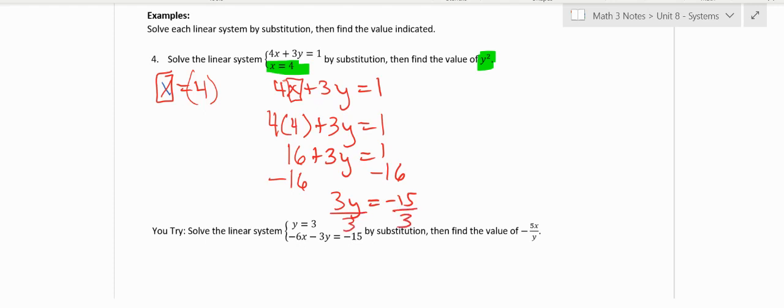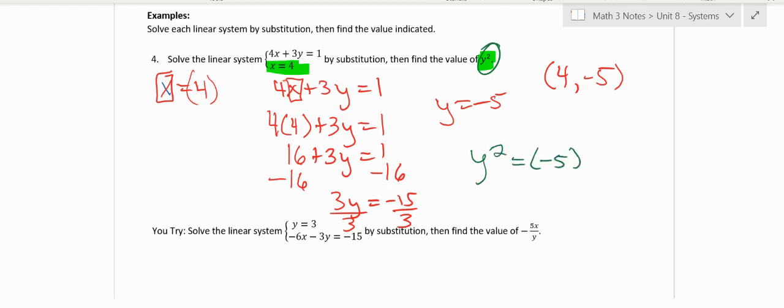And then we're going to get negative 5. So my solution to my system is 4, negative 5. But the question was actually asking for y squared. So y squared is equal to negative 5 squared. So your answer is actually 25. So to answer the question, we would have an answer of 25.